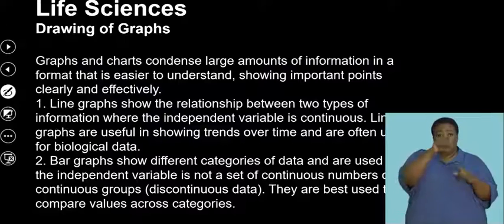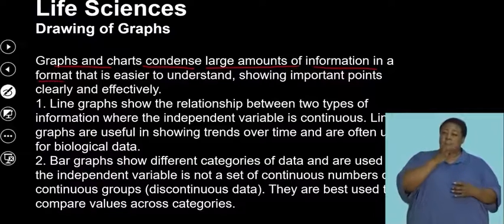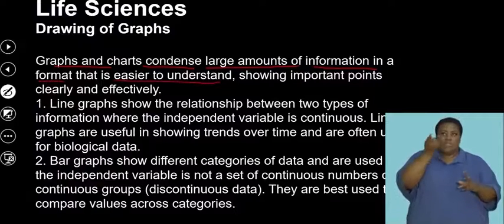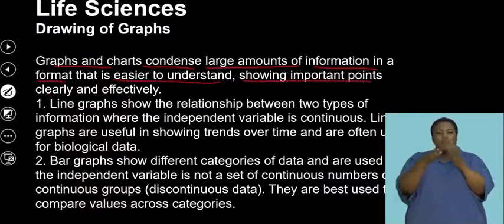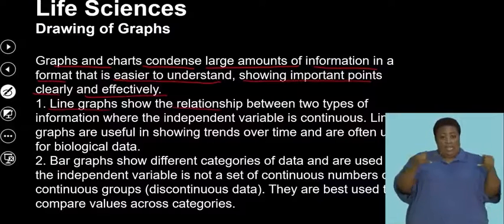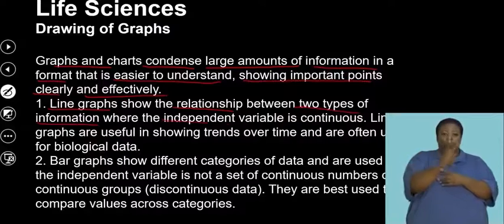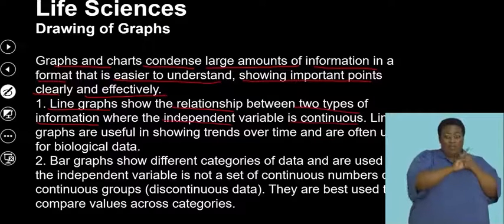Graphs and charts basically condense large amounts of information into a format that is easier to understand, showing important points clearly and effectively. Line graphs show the relationship between two types of information where the independent variable is continuous.